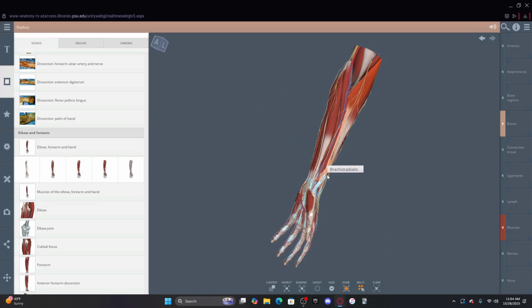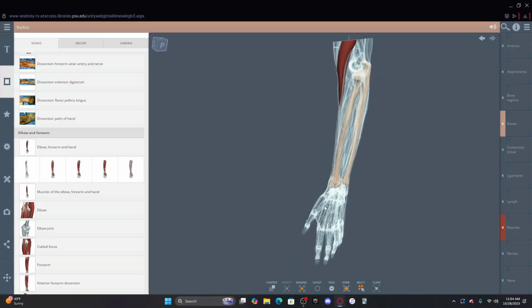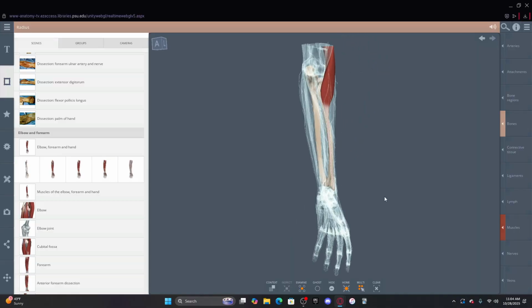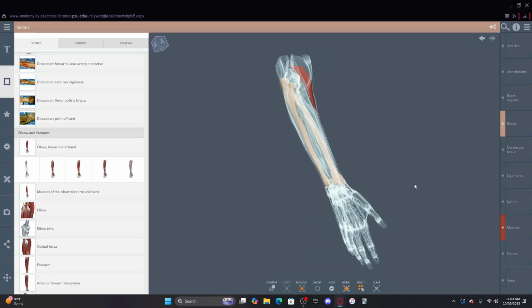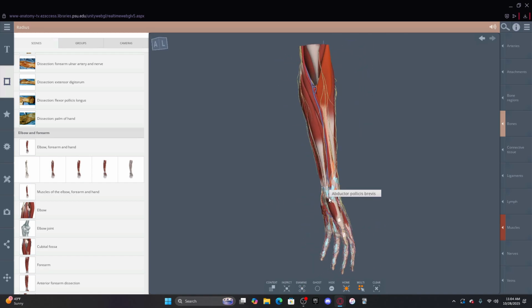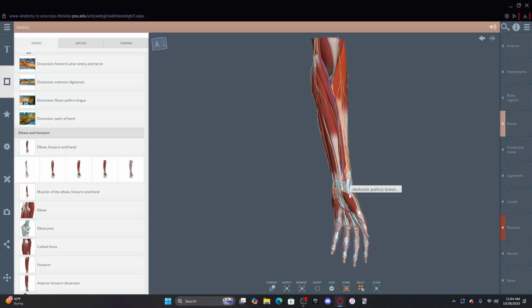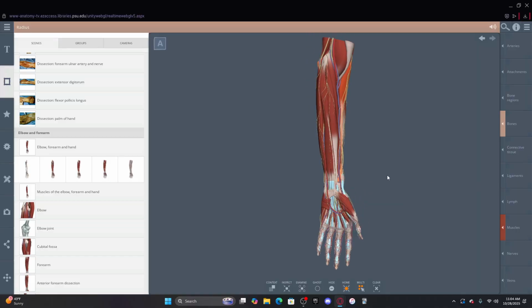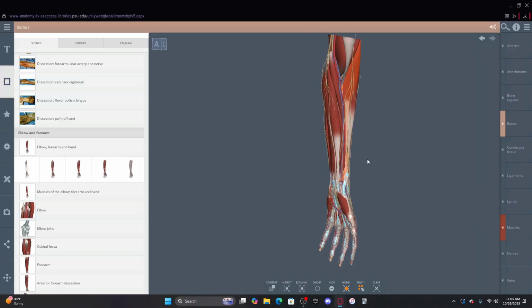Okay. Brachioradialis is going all the way from the humerus to the radius. Makes sense. Brachioradialis, arm, right? So brachial is arm, and radialis means radial side, or radius.